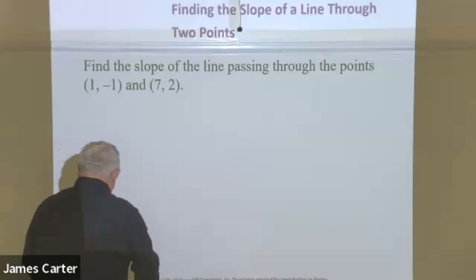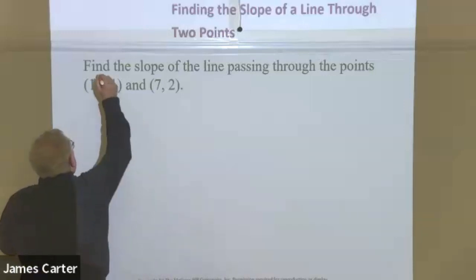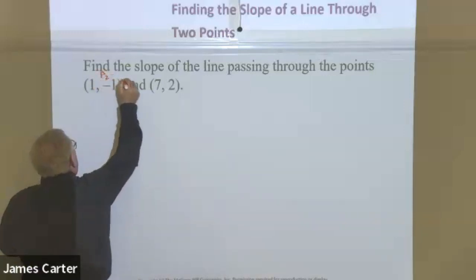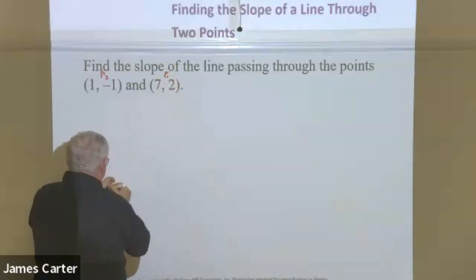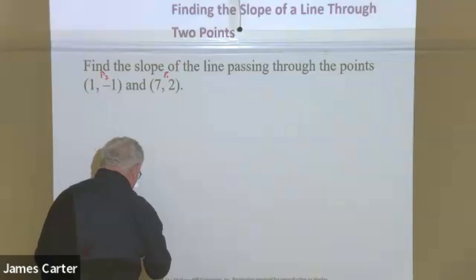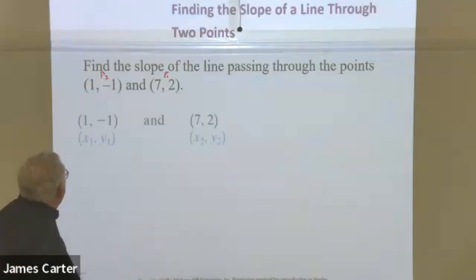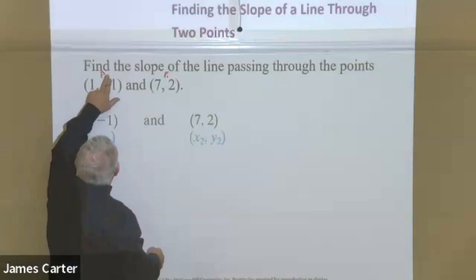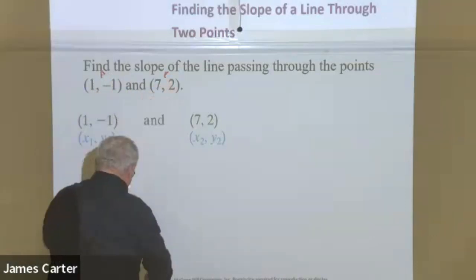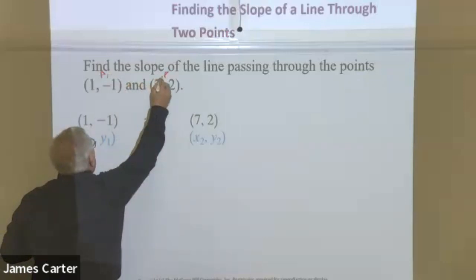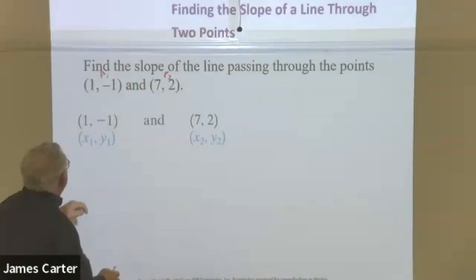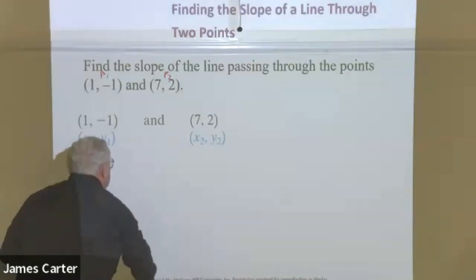I prefer to call this one point 2 and point 1. And I'll show you why in just a moment. Okay, here we go. They are calling this point 1 and point 2. So what did it do? Here they've got these.